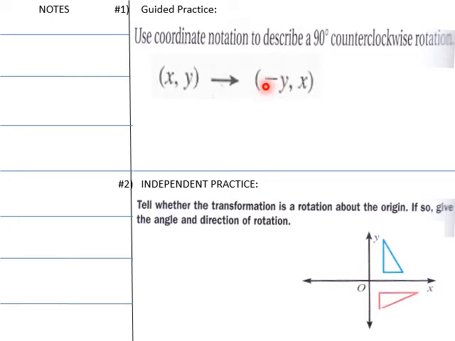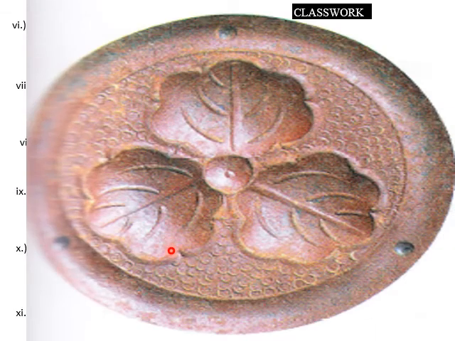So it will be a negative y and then an x, moving from a positive, which would be quadrant 1. This would be a negative y, so it would be in quadrant 4 is where that would be. So use quadrant rotation to describe that.